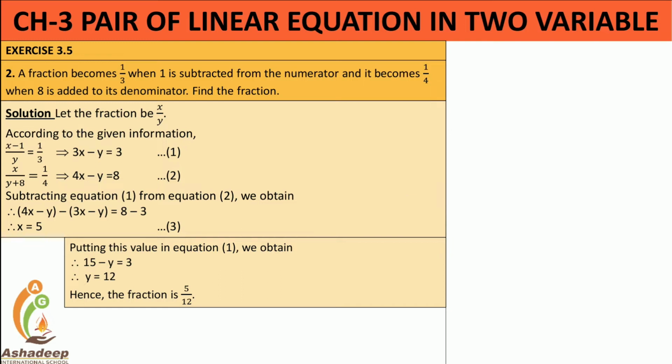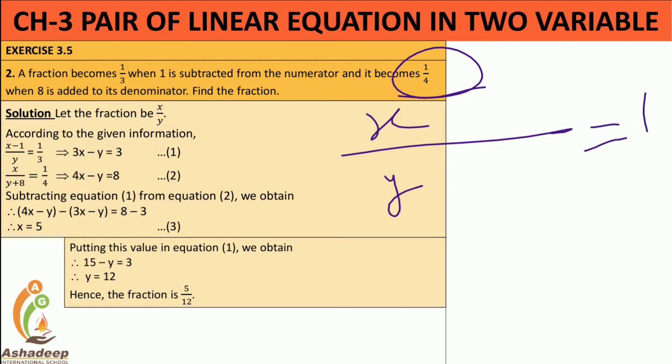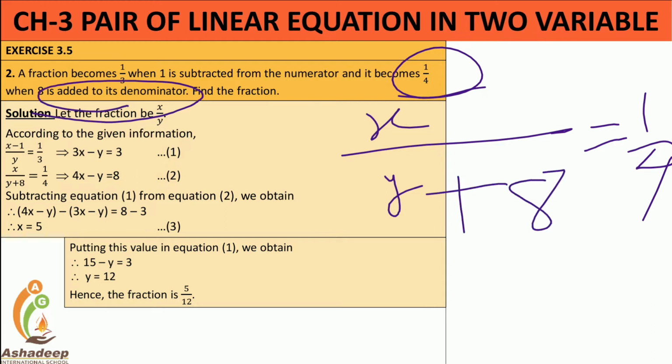Okay. Now the original fraction is x upon y. Now it becomes 1 upon 4. It becomes means is equal to 1 upon 4, when 8 is added to the denominator.